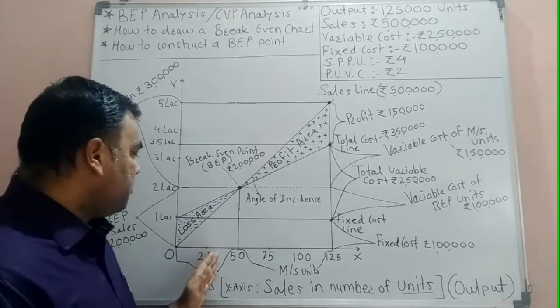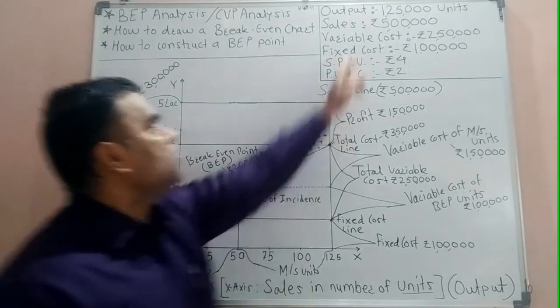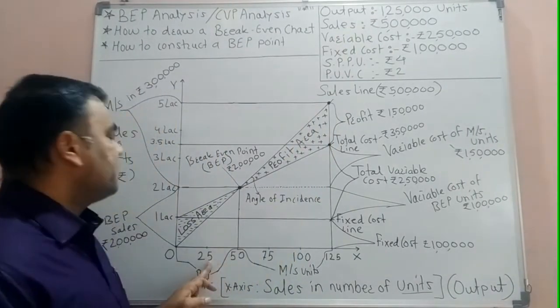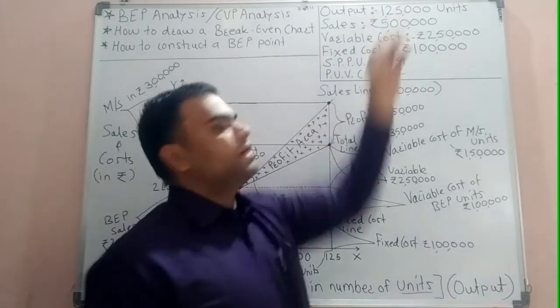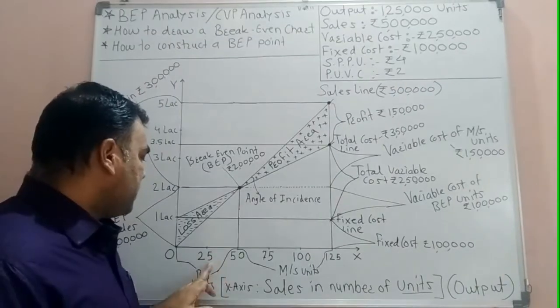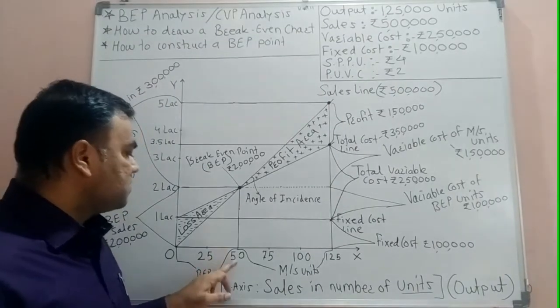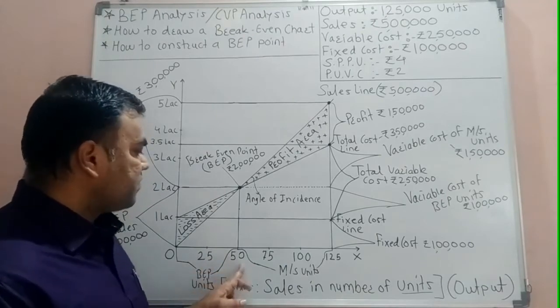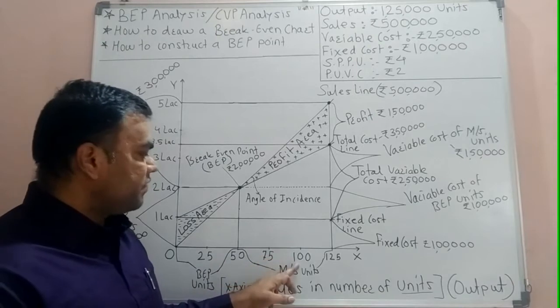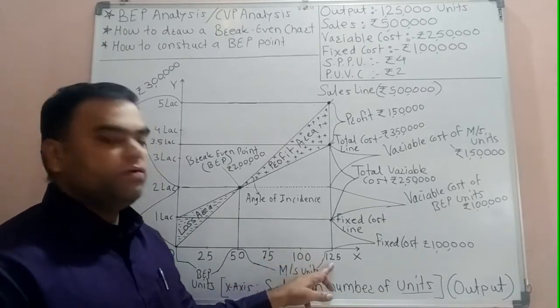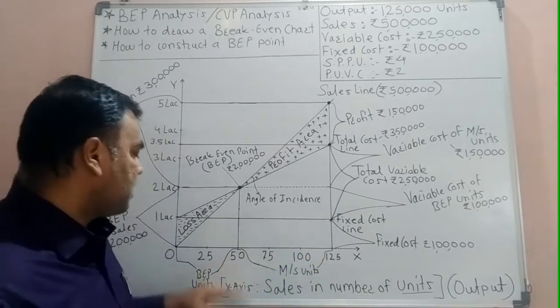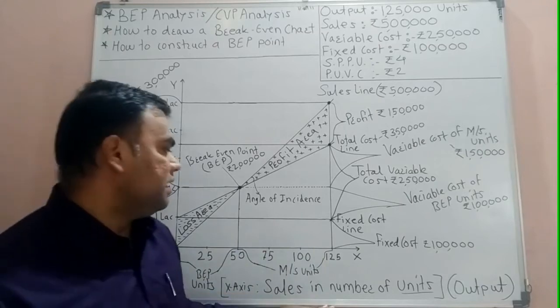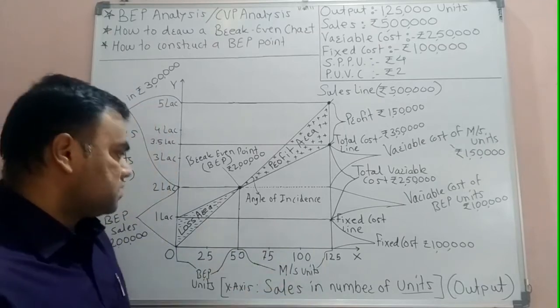So every point on the x-axis, that is of output, will be 25,000. First point 25,000, second 50,000, then 75,000, 100, 125. And these x-axis figures are given in thousands.